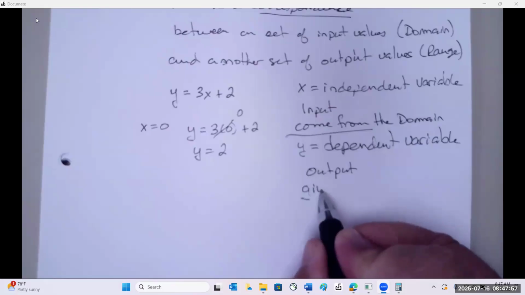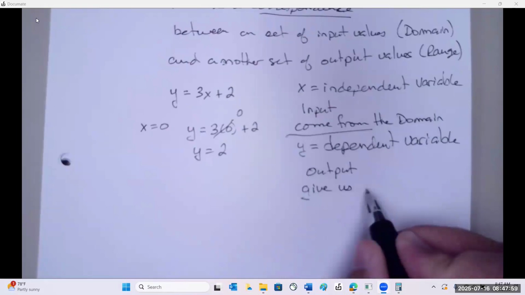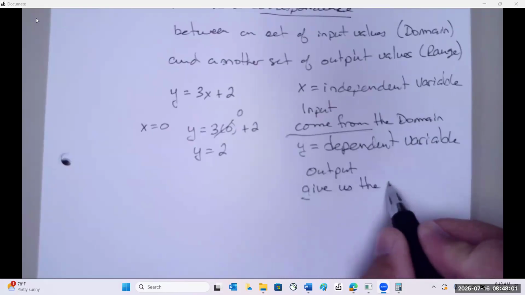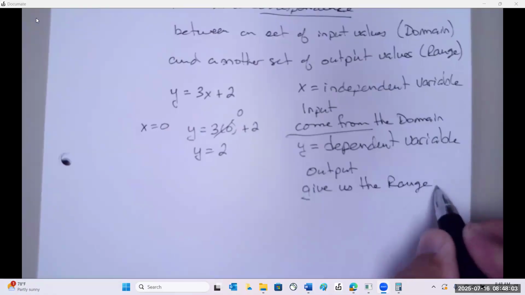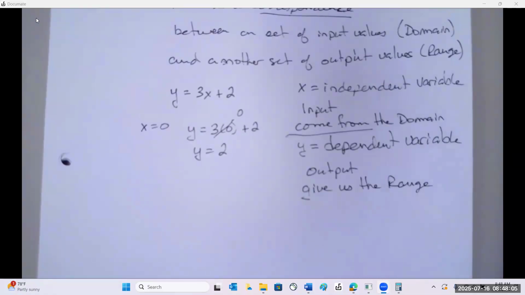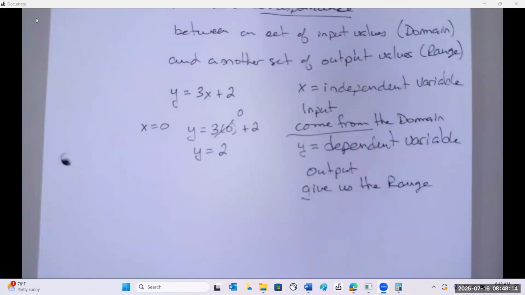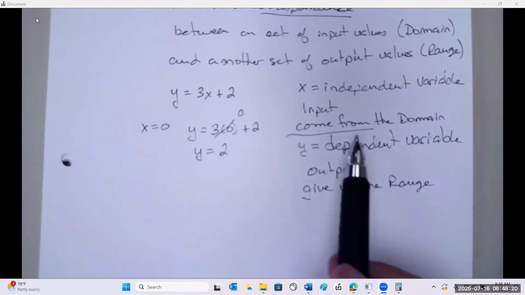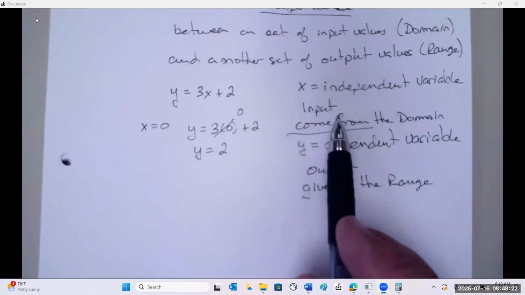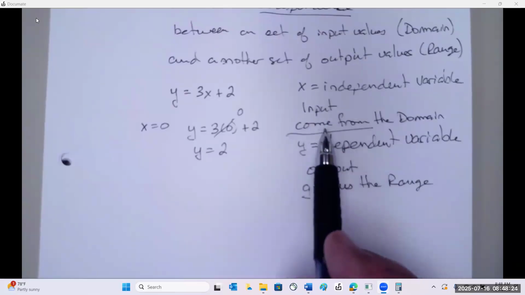And these numbers give us the range. Notice I said comes from the domain, gives us the range. Because we can only use x values that are valid.